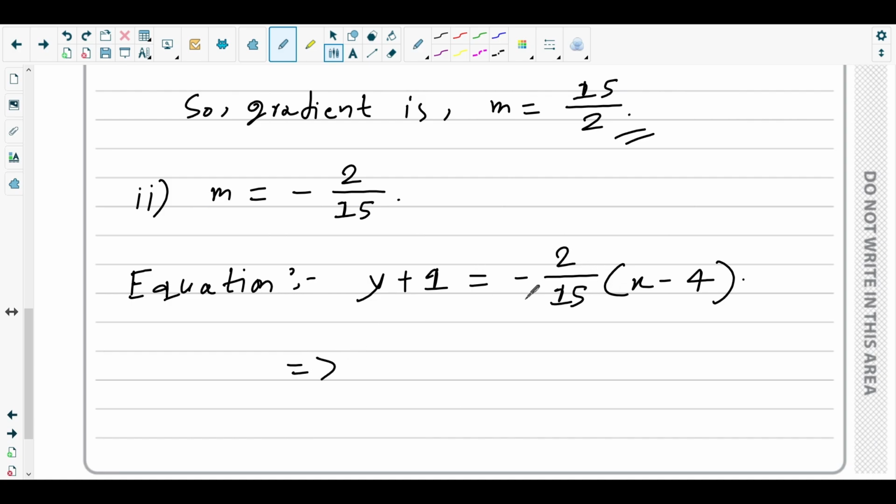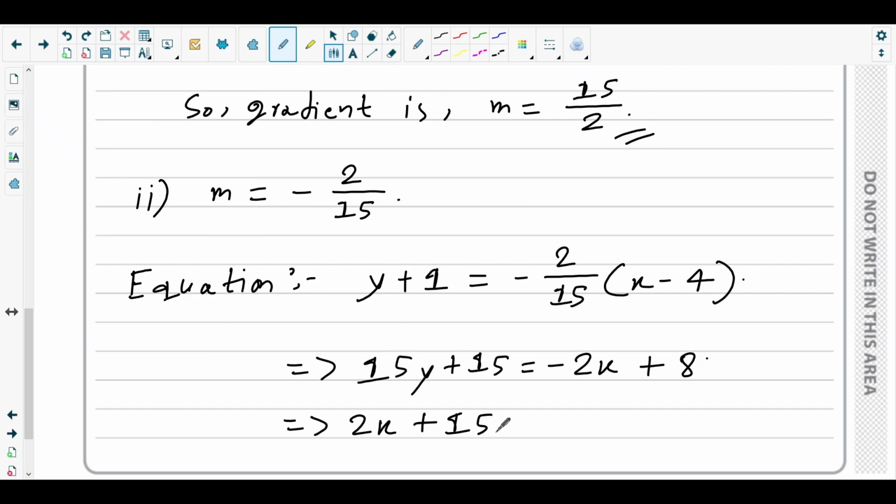To represent it in the form ax plus by plus c, multiply both sides by 15. So 15y plus 15 equals negative 2 times (x minus 4), which is negative 2x plus 8. Take all the terms to the left side. So negative 2x becomes positive 2x plus 15y plus 15 minus 8, so plus 7, equals 0.